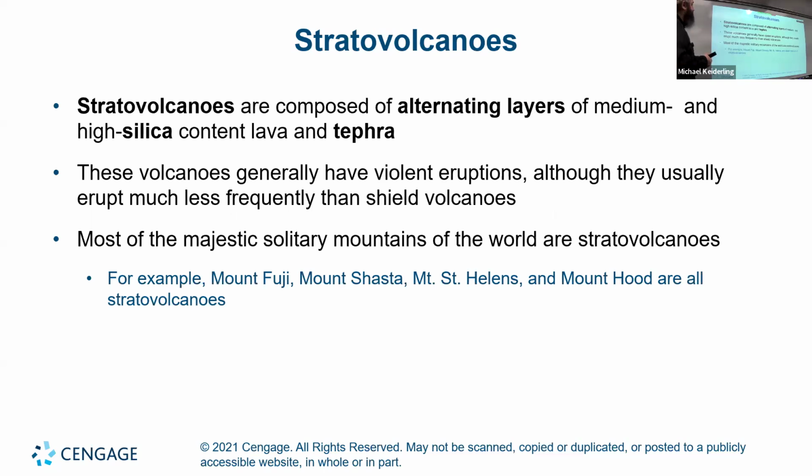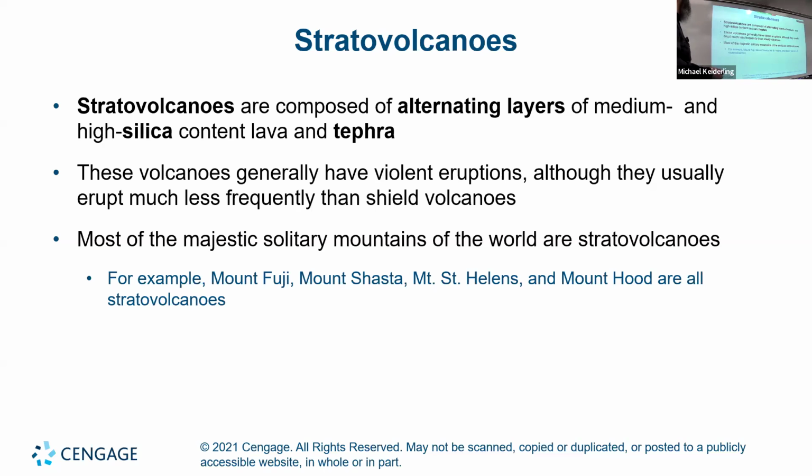Now, stratovolcanoes are composed of alternating layers of medium and high silica content lava and tephra. So what happens is they have violent eruptions, but they usually erupt much less frequently than shield volcanoes. And sometimes they have more violent eruptions that throw out a lot of tephra, which gets glued down by the medium silica content lava that comes after.